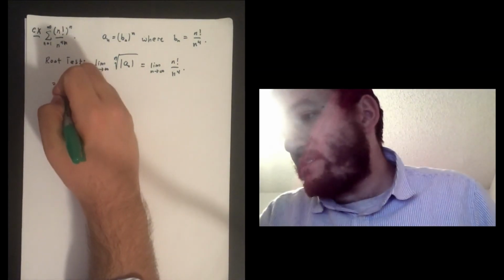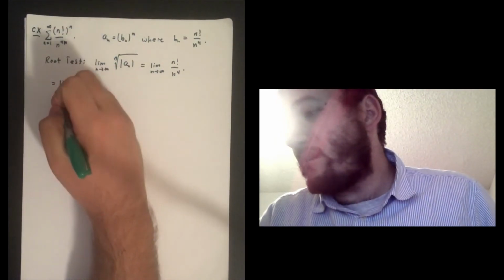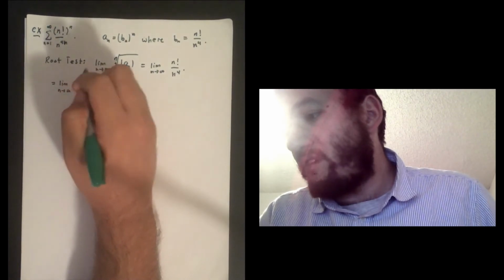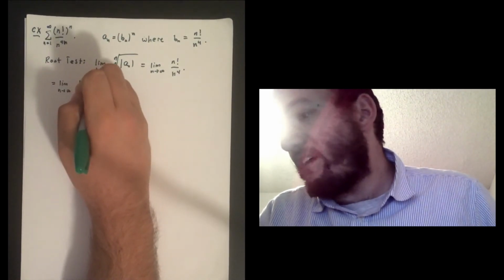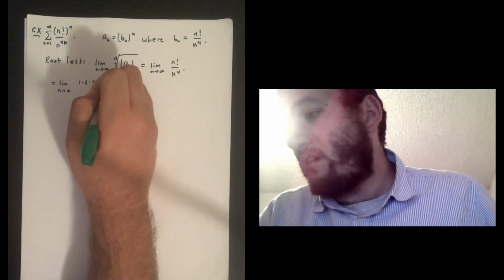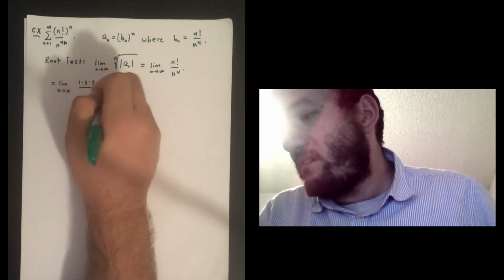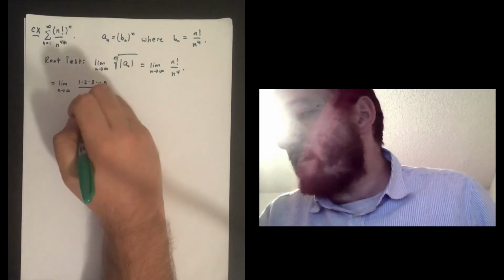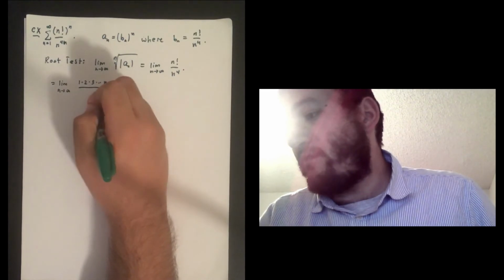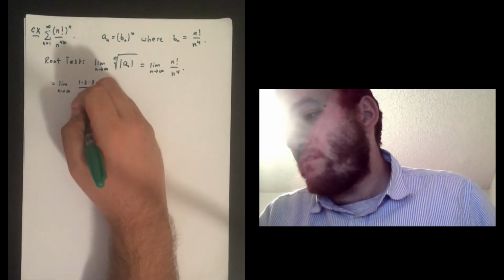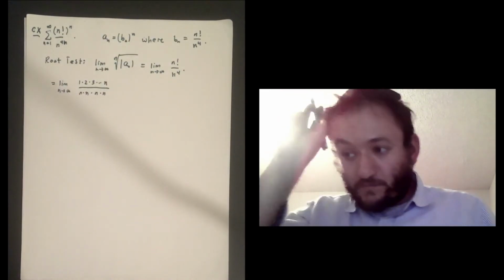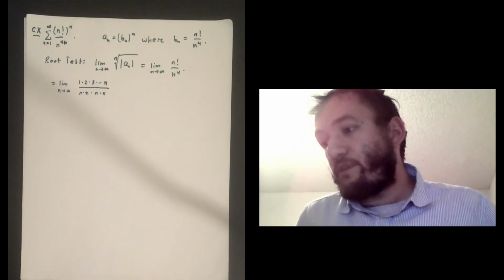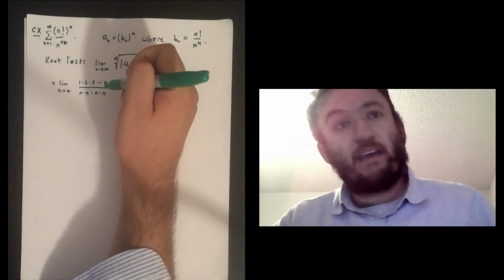So what I'll notice is this is the limit as n goes to infinity of, well, n factorial is just 1 times 2 times 3 up to n, and n to the 4th is just 4 factors of n. Okay? So one of these n's cancels here.